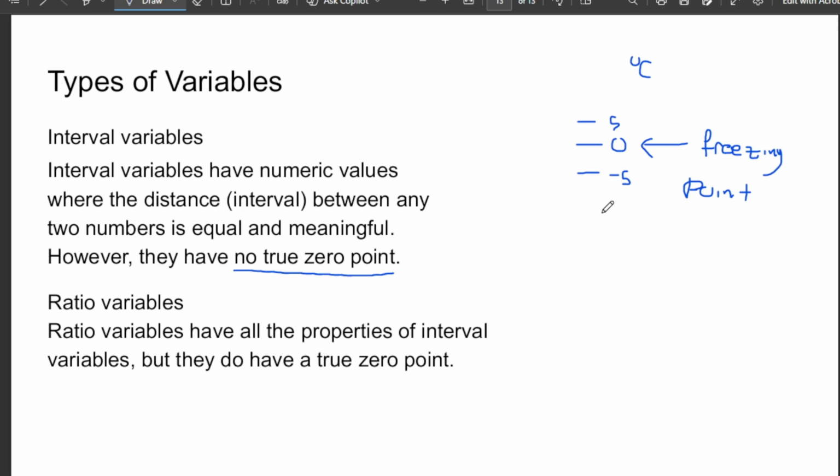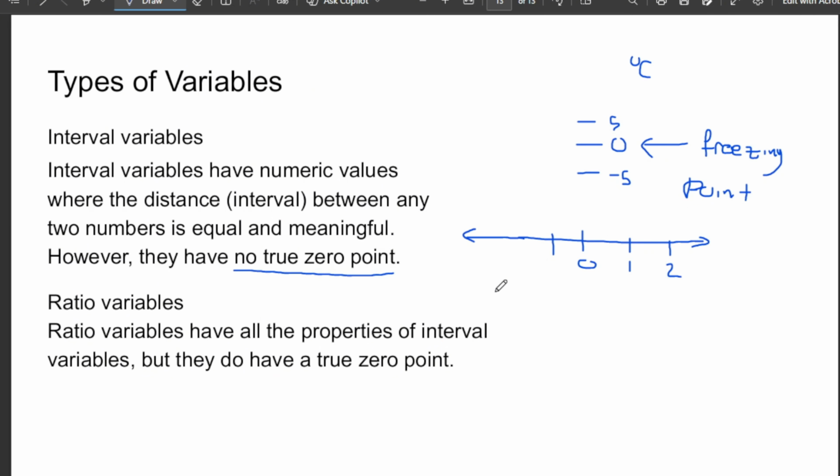Year, let's say on a line interval: year 0, 1, 2, and so on. This doesn't mean there doesn't exist a time before 0. There is a time before 0, but 0 just lies within the range.